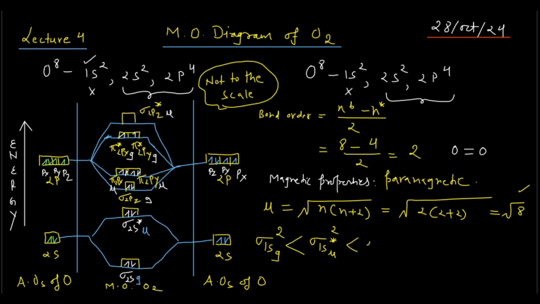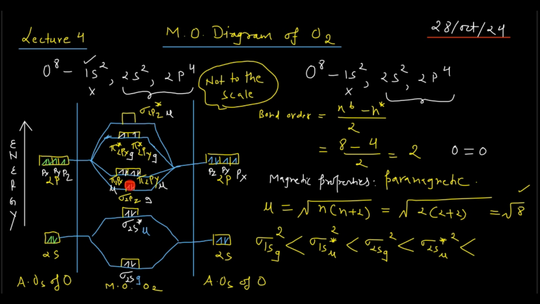And then your sigma 2s, which is the gerade one, again having 2 electrons. And then the next higher energy is sigma 2s ungerade, that is anti-bonding, again having 2 electrons.